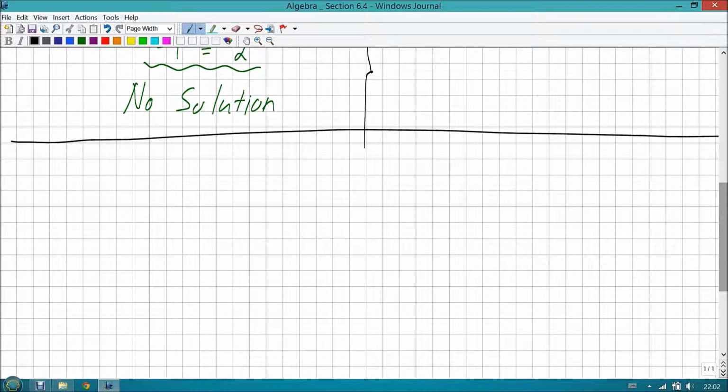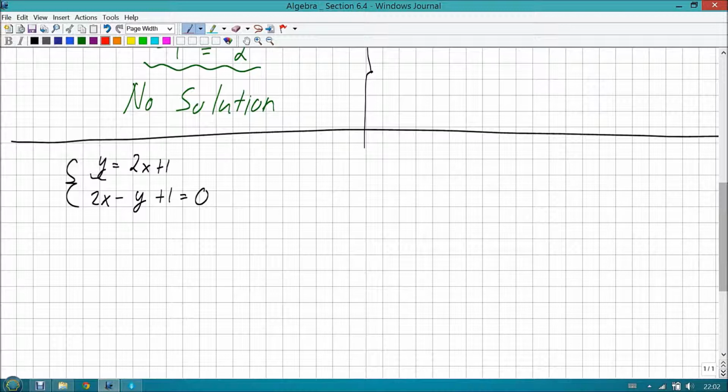Now let's look at it in a little more detail. Let's look at another example. Let's say that we have y is equal to 2x plus 1, and 2x minus y plus 1 is equal to 0. Once again, I think we're probably going to end up using the substitution method because one of our variables is already solved for.